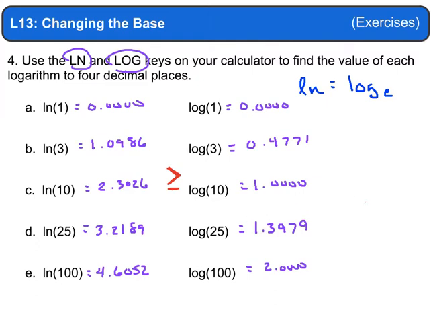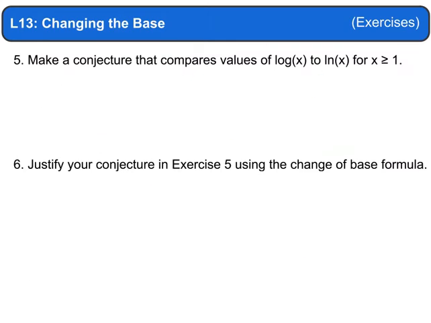That's what number 5 is about. They say to make a conjecture and compare these two together, and we tend to say that the natural log of x is greater than or equal to its log base 10 counterpart. We're not going to look at number 6, so we're going to skip past that.